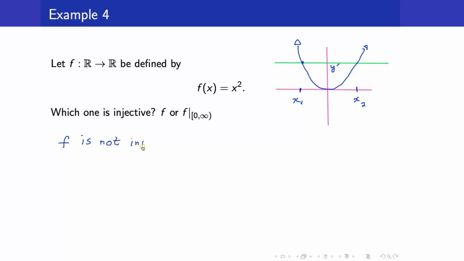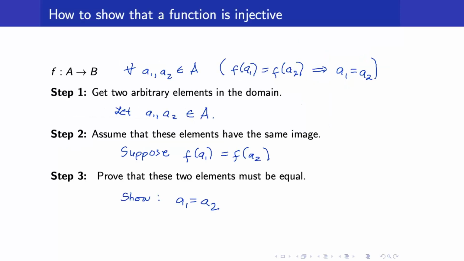But how do we show that something is not injective? Not just by looking at the graph. We really have to give a proof that f is not injective. If you look at the definition of f being injective, what is now the definition of f being not injective?